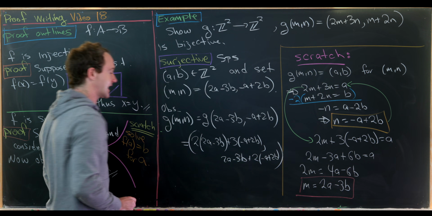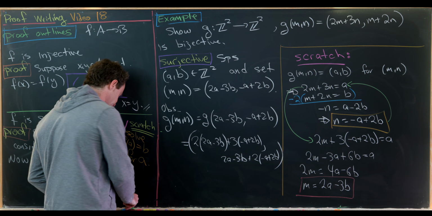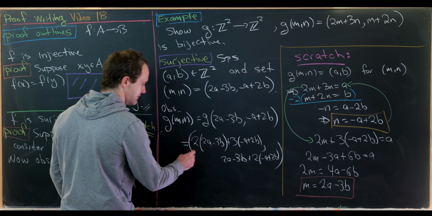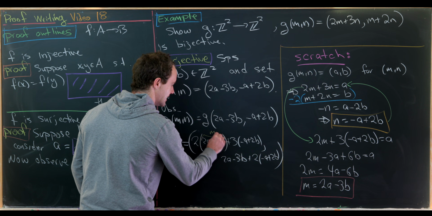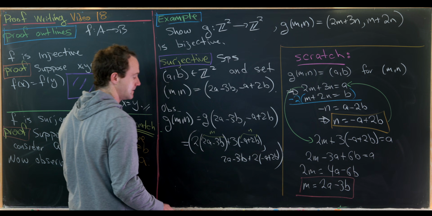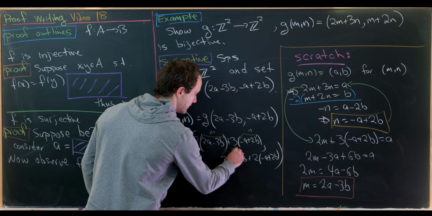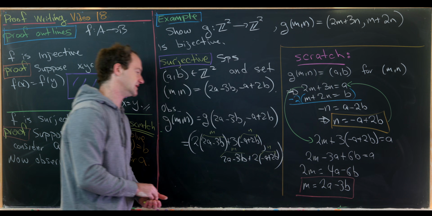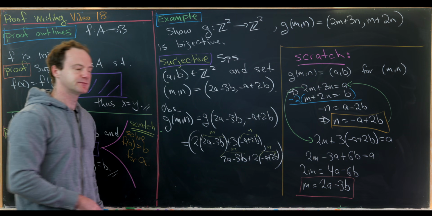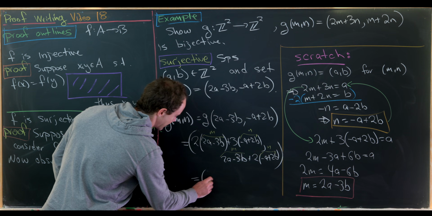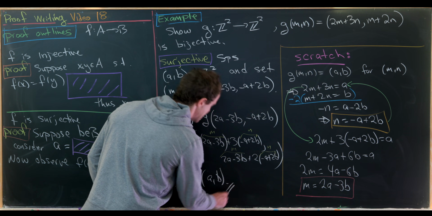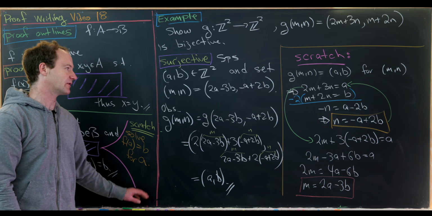So just to reiterate what's going on here, because it's kind of messy, this is 2m plus 3n, and then here we have m plus 2n as needed. But now you can simplify this just doing standard calculation, and you'll see that you get (a, b) in the end, which is exactly what we need.